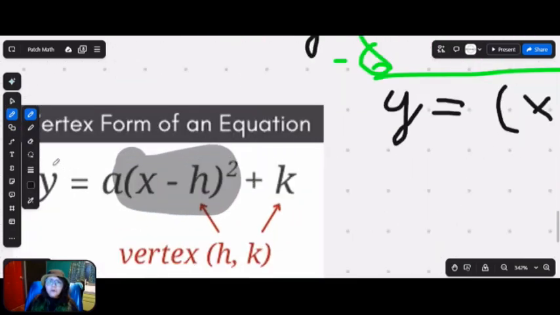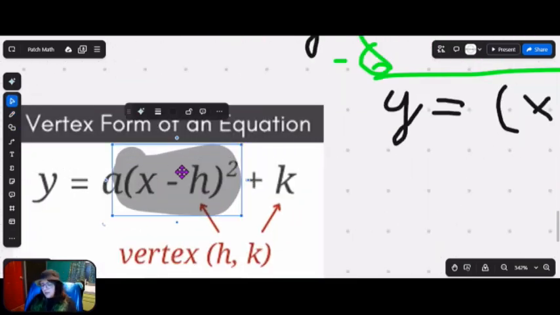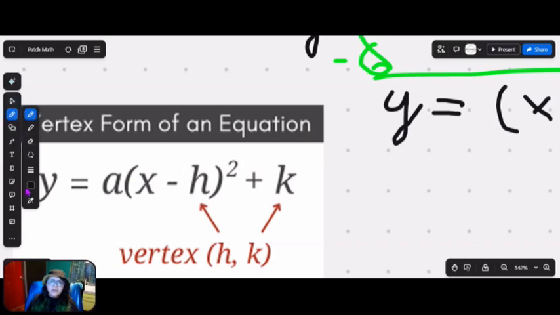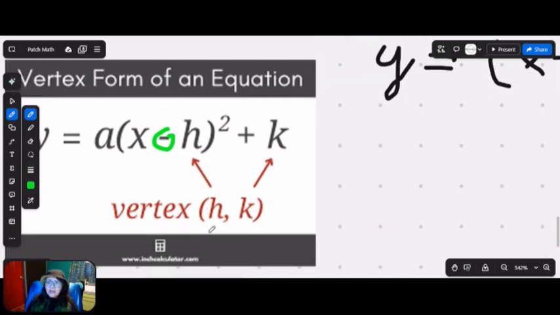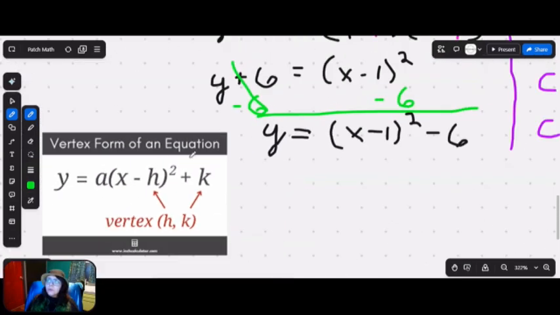Notice in the formula, there is a negative in front of that h. So when we plug any number into the formula, any vertex, it's going to take the h. So like we had 3, 1. And you put that in there. That's minus 3. Well, what was the h that got plugged in? It was 3. Whenever we are pulling our vertex out, we have to think a negative already existed in the formula.